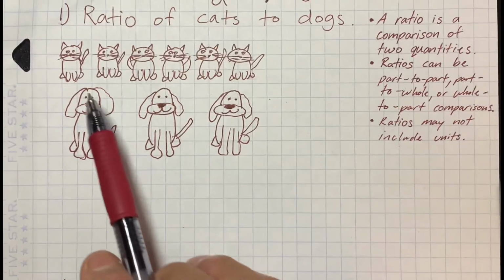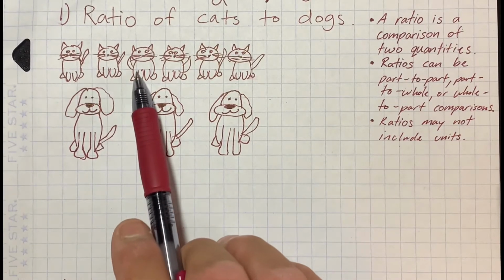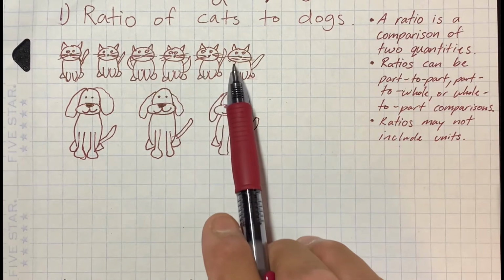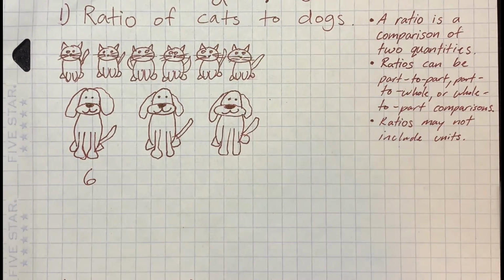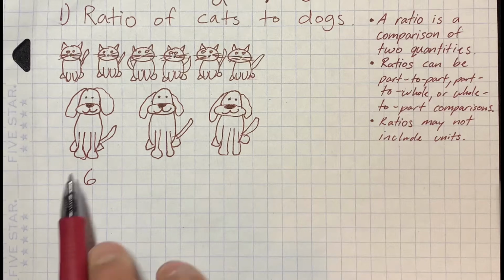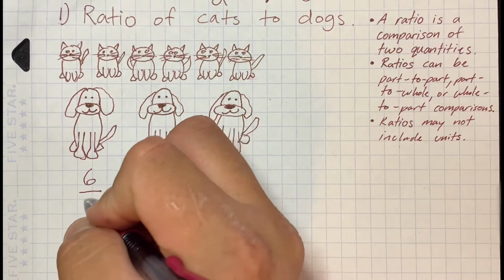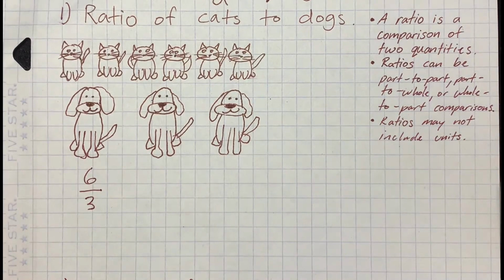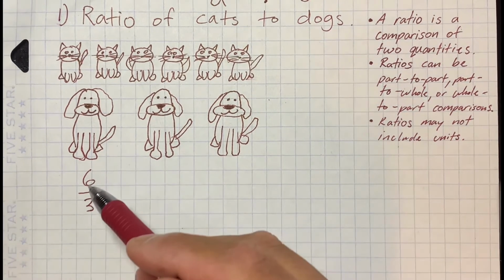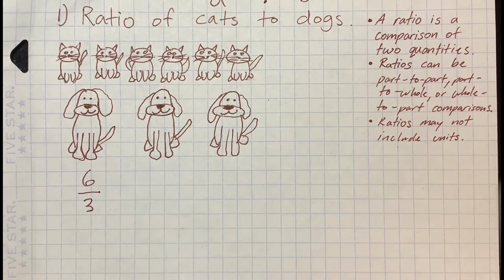So let's count. There is 1, 2, 3, 4, 5, 6. So we have 6 cats. Okay. Now how many dogs are there? 1, 2, 3. 3 dogs. So the ratio of cats to dogs, we have 6 cats to every 3 dogs.